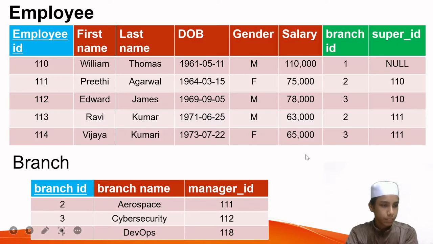So here I have the same employee table and branch table as we had in the last video, but in the employee table I have added another attribute known as super ID.